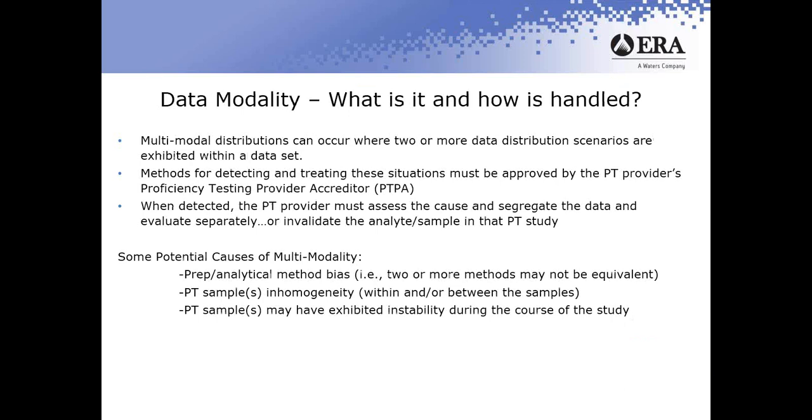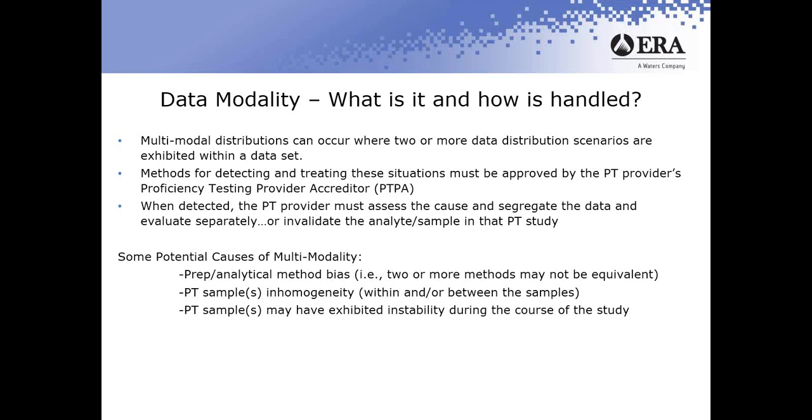Okay, I'm going to transition into data modality now. This has been a kind of a hot topic amongst PT providers, the regulatory community, and the laboratories. What is data modality? What is it and how is it handled? Well, multimodal distributions can occur where you have two or more distinct data distribution scenarios in an exhibited data set.